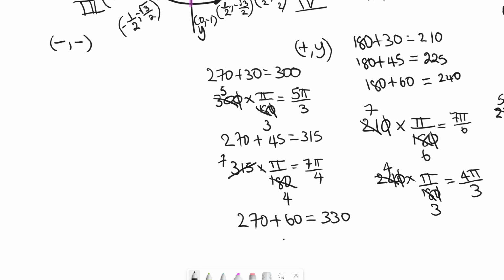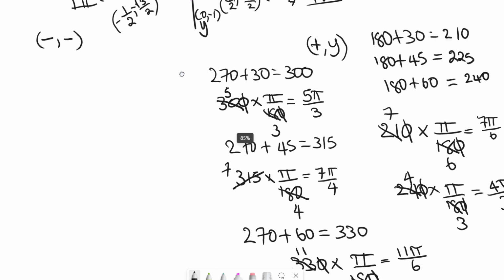Now, let's convert 330 to radians. So that's going to be my pi over 180. I can use my zeros there. 3 goes into 33 11 times. 3 goes into 18 6. So this is going to be 11 pi divided by 6.